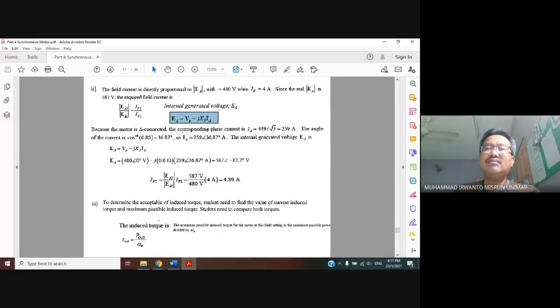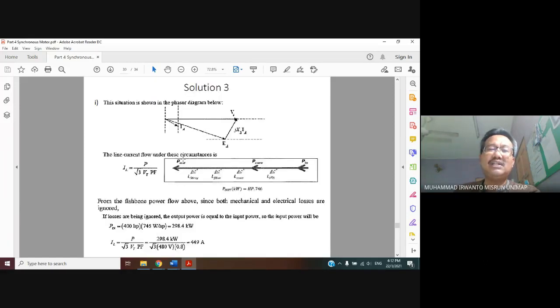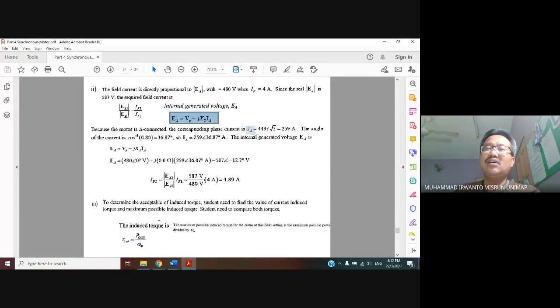This one is IA. Because here it is the line current and it is delta connected, the line current is different from the phase current or armature current for the delta connection. The armature current, or phase current, is equal to the line current divided by square root of 3.